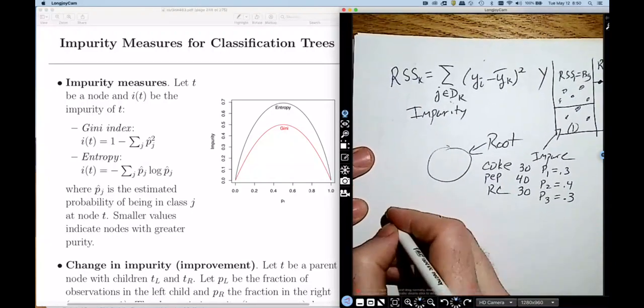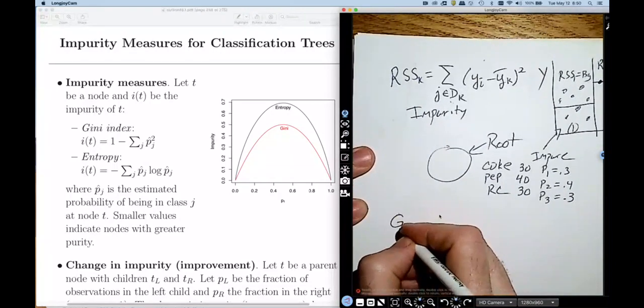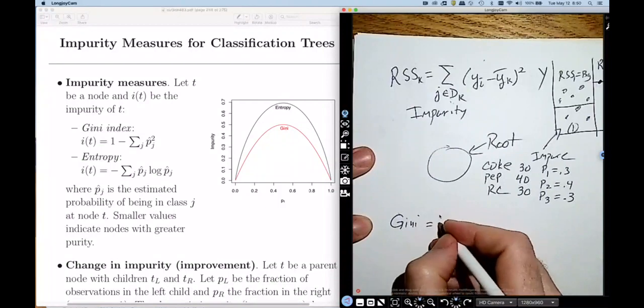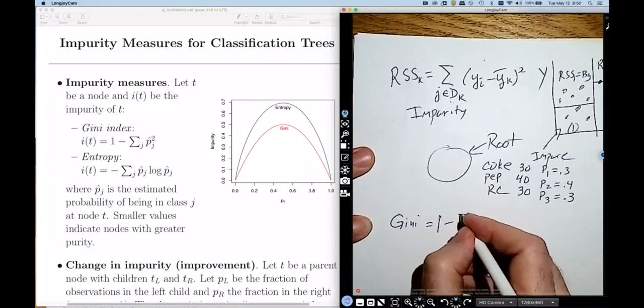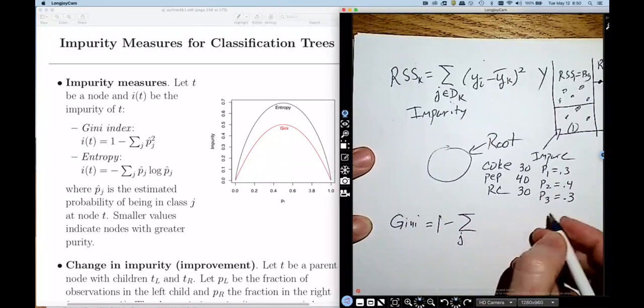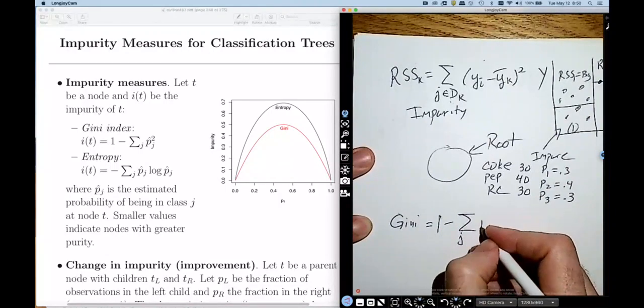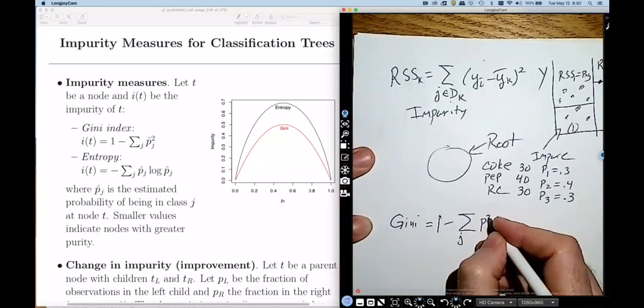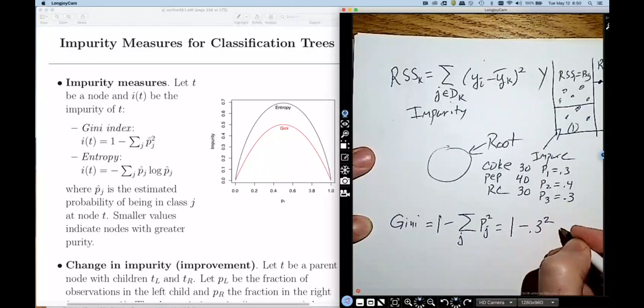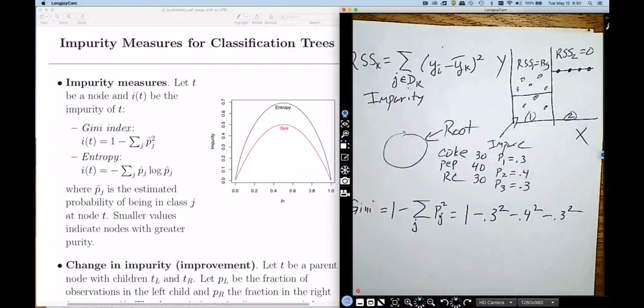So if we wanted to compute the Gini index of how impure this node is, we would take 1 minus the sum over all these values of p sub j squared. So this would be 1 minus 0.3 squared minus 0.4 squared minus 0.3 squared, which tells me how impure this node is.